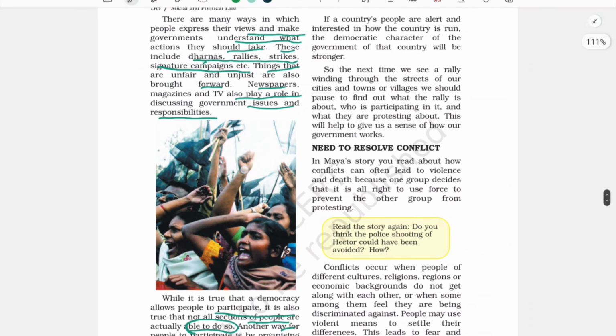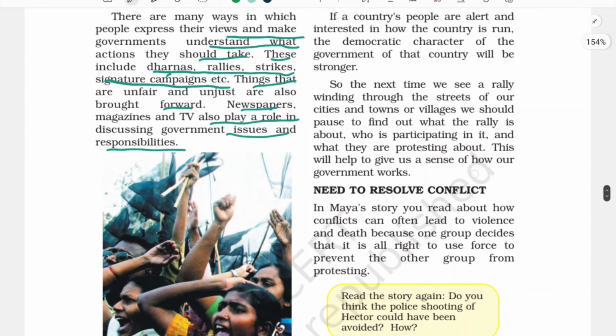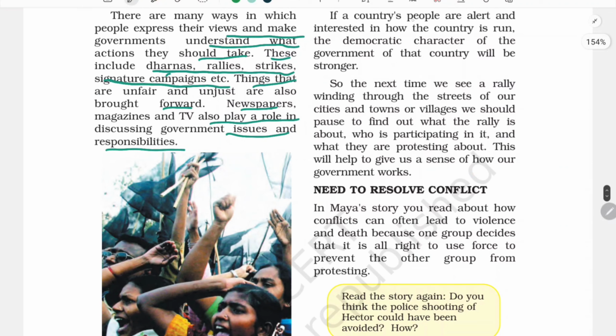If a country's people are alert and interested in how the country is run, the democratic character of the government of that country will be stronger. So this is what I was telling you.